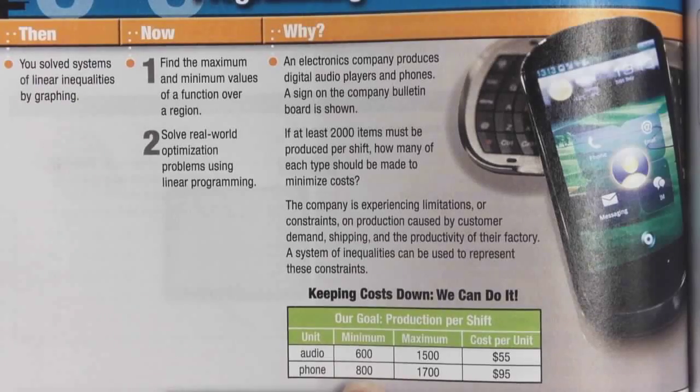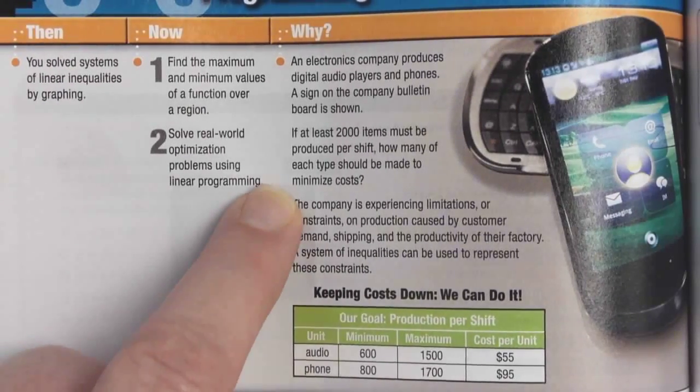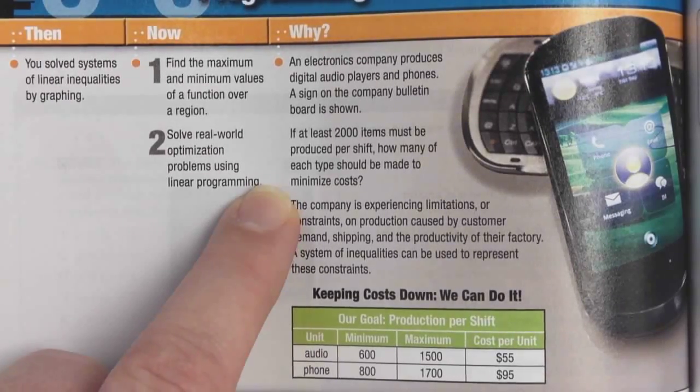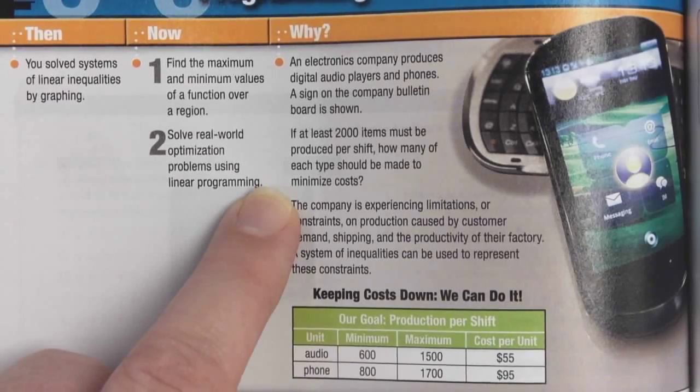If at least 2,000 items must be produced per shift, how many of each type should be made to minimize the cost? So we're going to come up with a minimization function, and we want to know how much of each item your company is making should you make to minimize the cost.